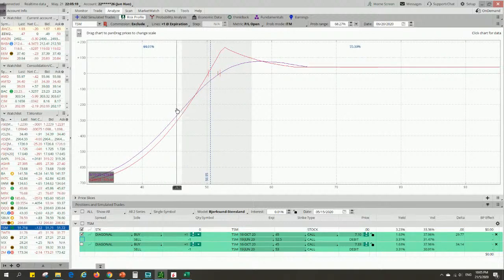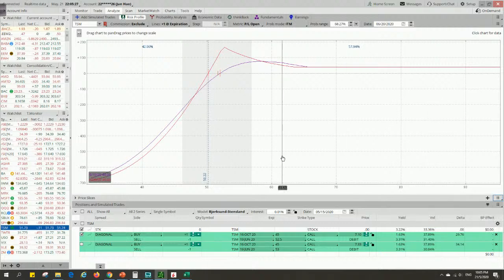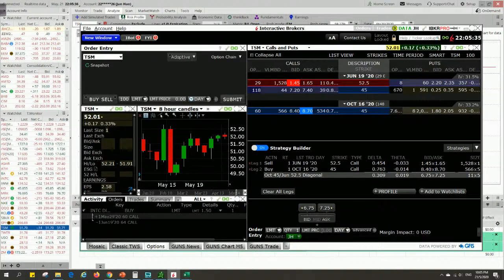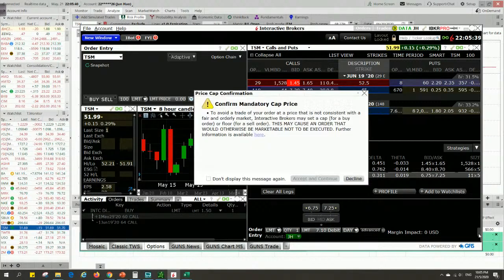All right, I'll still be losing 2% of my capital at about $45. Our break even will still be at around $50. Okay, so yes, $7.10. So be it. So 710, and then I want to submit. Submit button is over here.